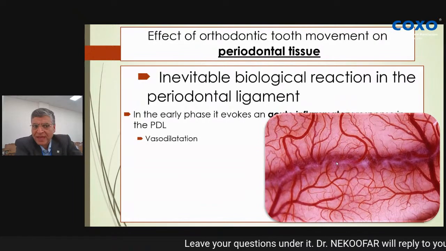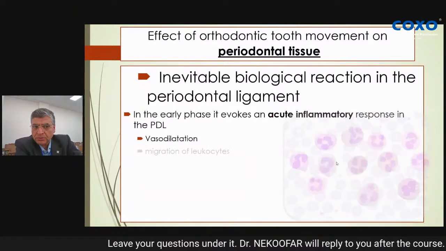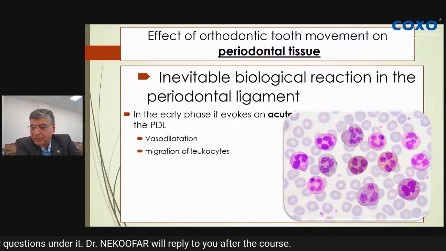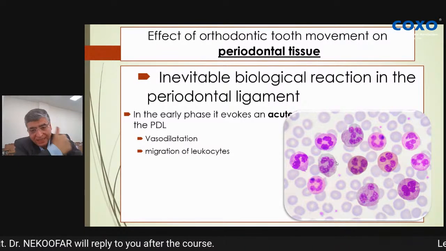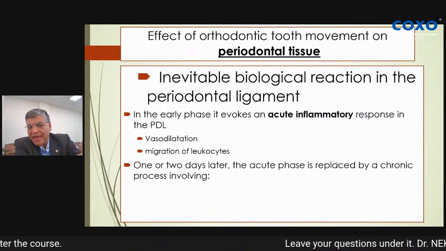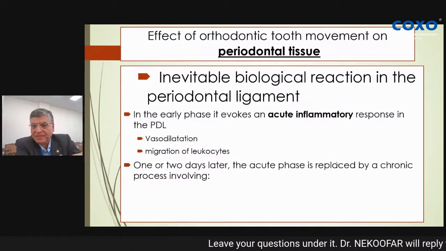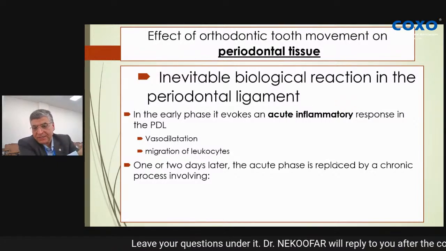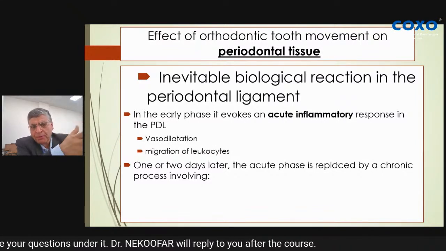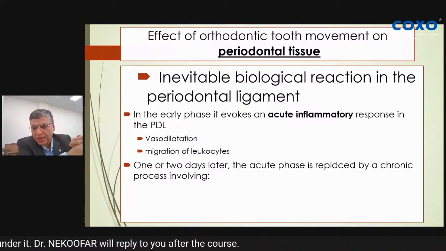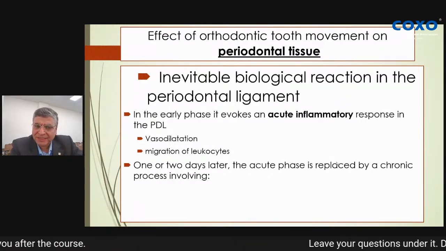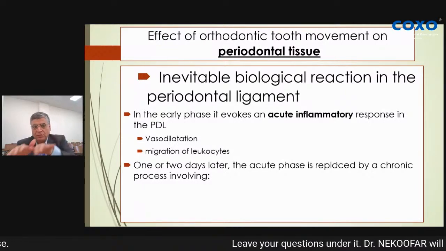So in the PDL, we have vasodilation, which is reversible. We have migration of leukocytes, which can also be reversible. And one or two days later, the acute phase is replaced by a chronic process. When I say chronic process, that means the cells may change and the patient may get used to this process and pain reduces.